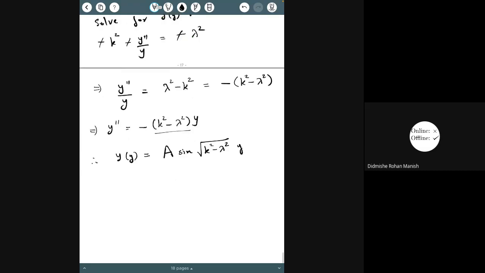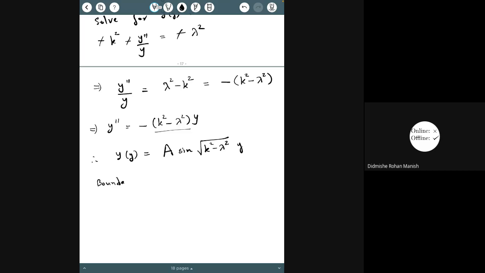Now I will use the boundary conditions, that is Y of b equal to 0, which means A sine... Ma'am, how do we know k square minus lambda square is greater than 0? We don't. We don't, but it is only when k square minus lambda square is greater than 0 that you will have a valid solution.